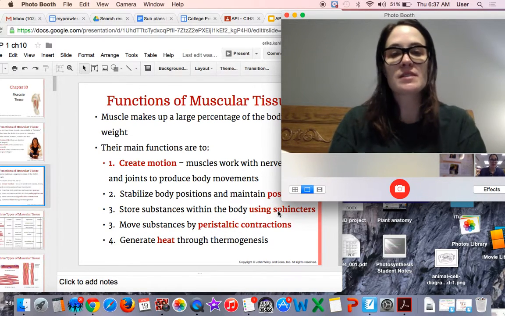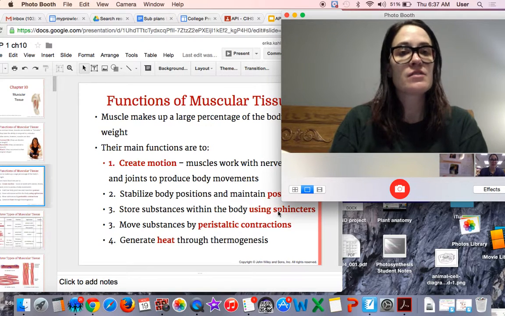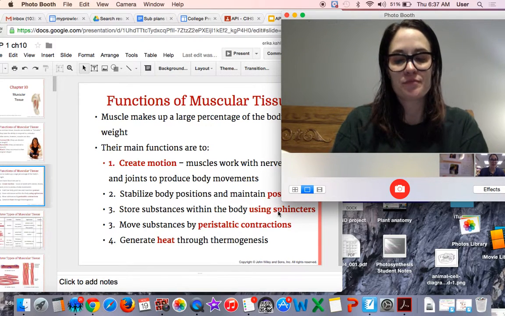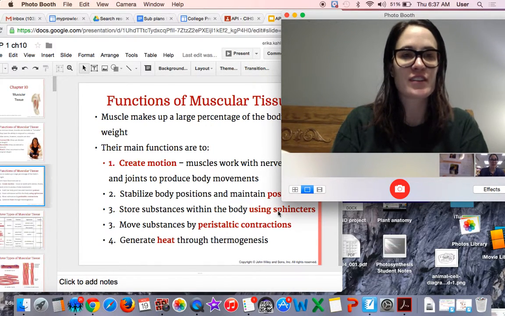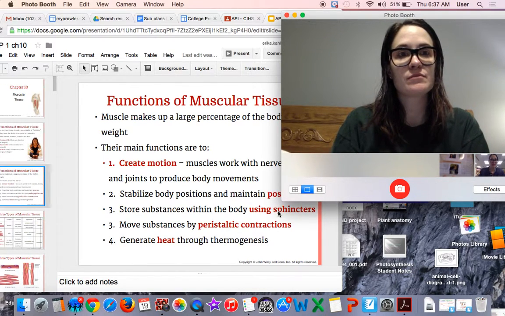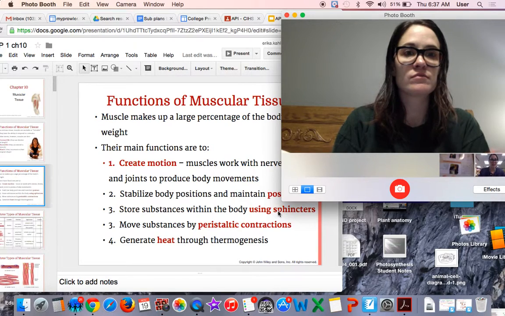They also, of course, you have smooth muscle. Smooth muscle makes up these things called sphincters in your body that store substances, like the esophageal sphincters, which prevent food from going up into the esophagus.